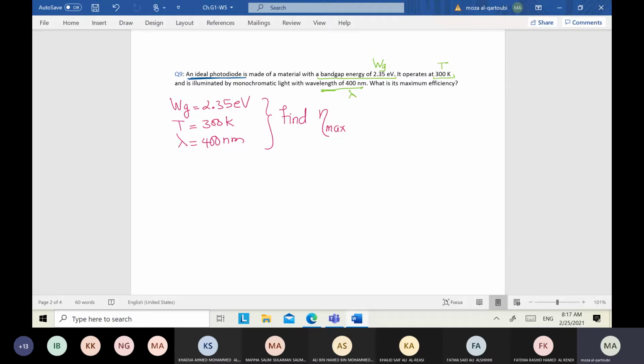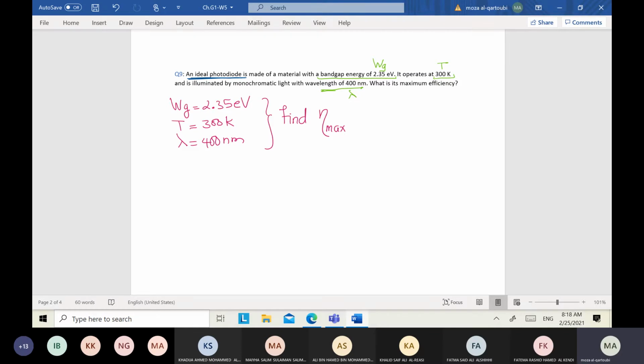Here now, we'll go back to our question. Given the ideal photodiode. What does ideal photodiode mean? If given an ideal photodiode, that means there is 100% quantum efficiency because each photon should create one exciton.